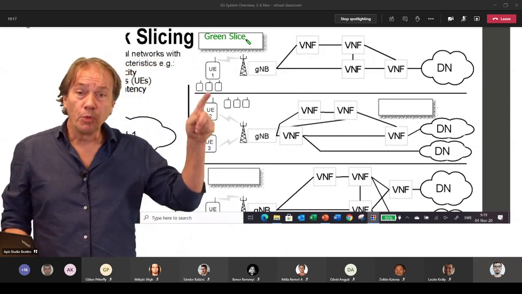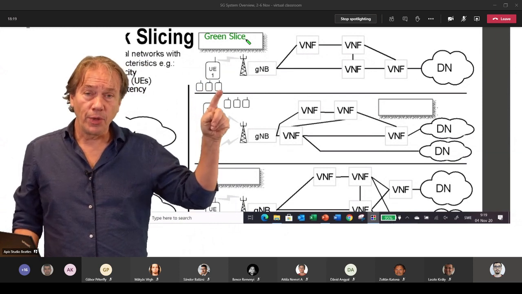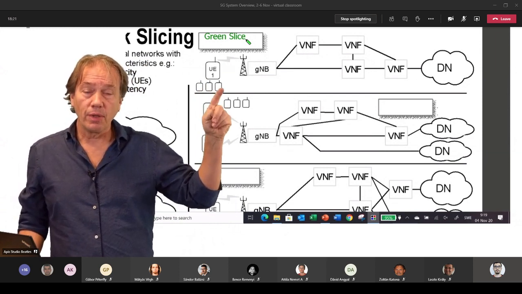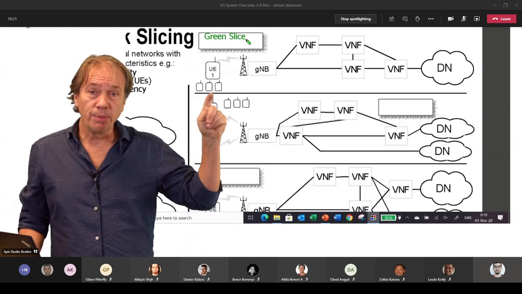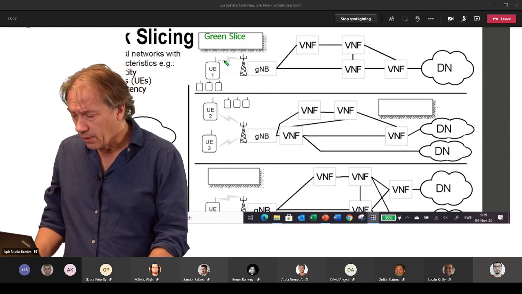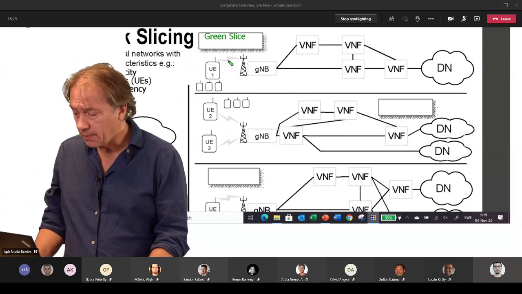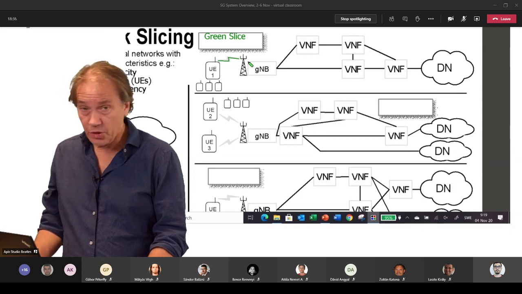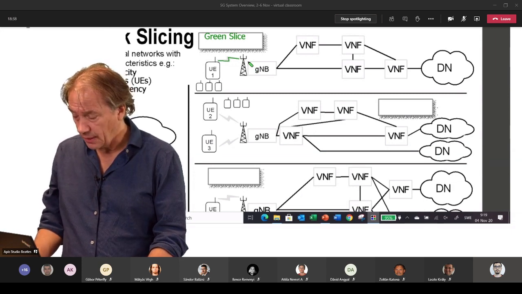So user equipment 1, and maybe these 3 or 300 or 3,000 or 3 million other UEs belong to the green slice. There are some green radio resources. And there's a green G node B.